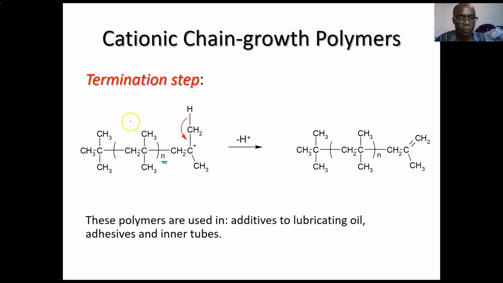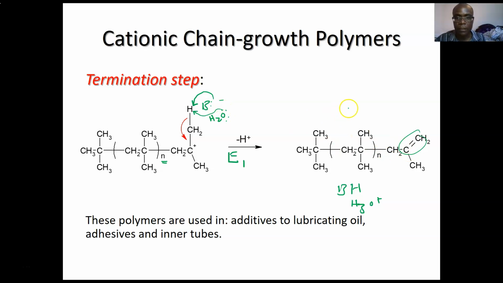So if you want to stop the mechanism, we'll have to use a base. Okay, the base will take out this hydrogen. You make a double bond by a process called E1. So you'll make a double bond here, and then the base will become BH. So if this is water, and water takes that out, then you're going to get H3O plus.